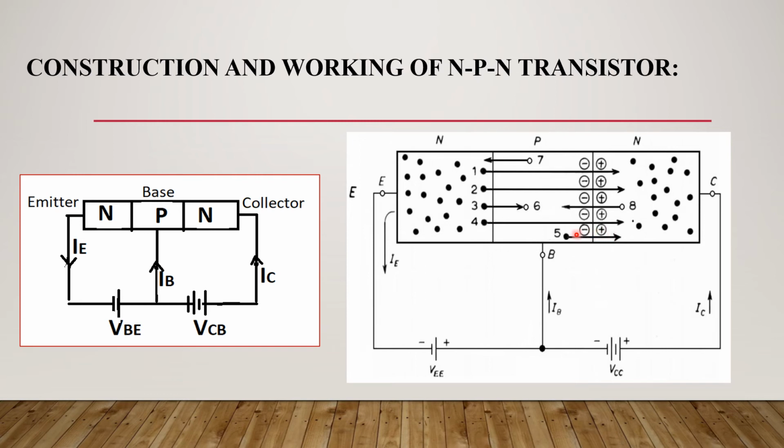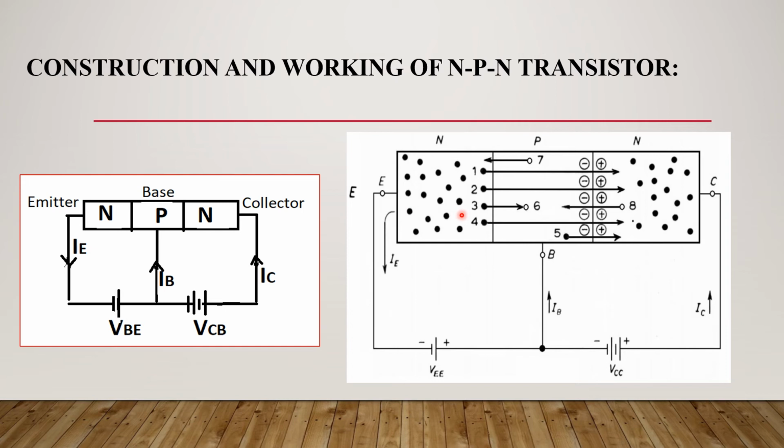The motion of this 3 number electron and 7 number hole constitute a part of current which is called IE, and this current is not equal to the leakage current.